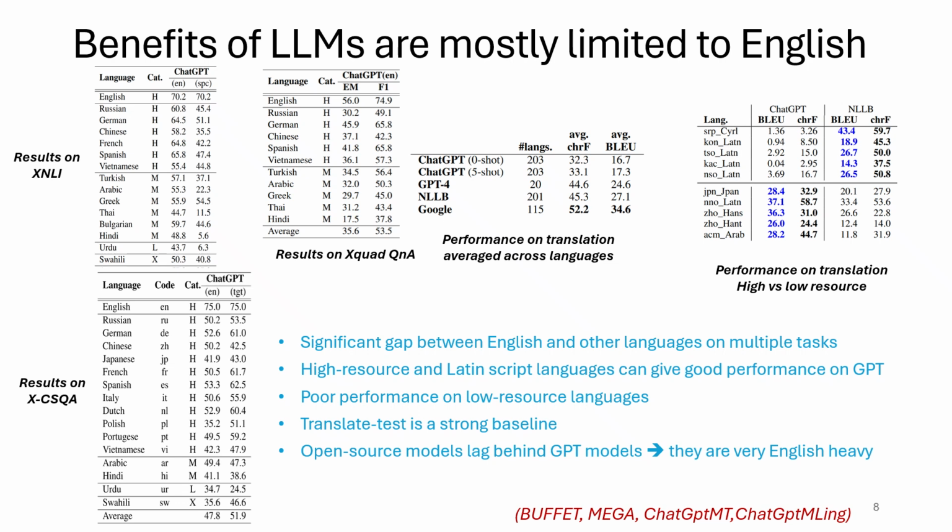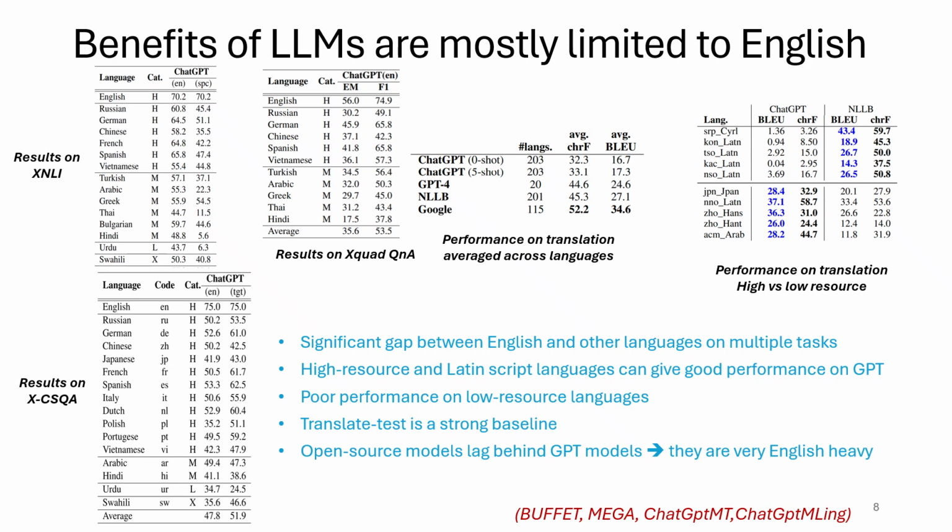On all these tasks, you can see that the gap between English and all other languages when you use ChatGPT for these tasks is quite substantial, and therefore there is a substantial effort required to close this gap and bring these non-English languages at par with English, and to get all the benefits that large language models have been providing for all these other languages as well.